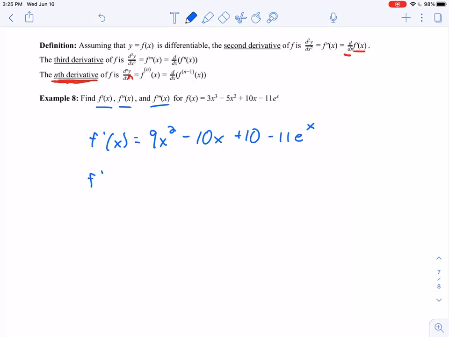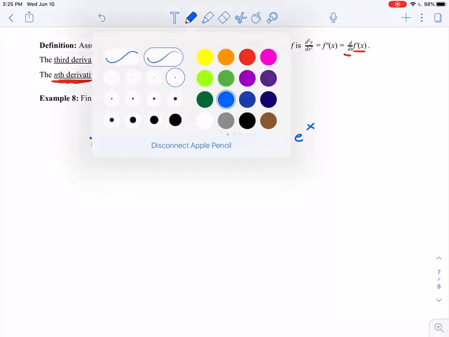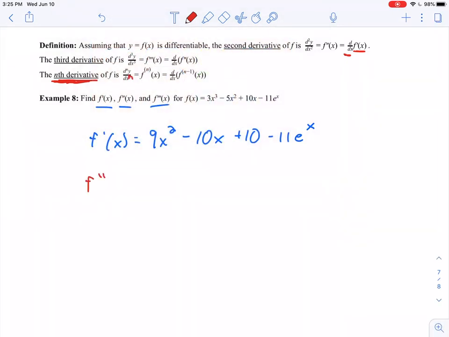If I were to take the second derivative now, I'm just taking the derivative of the first derivative. Actually, let me just do that in a different color. So f double prime of x. Derivative of 9x squared, that'll be 18x.